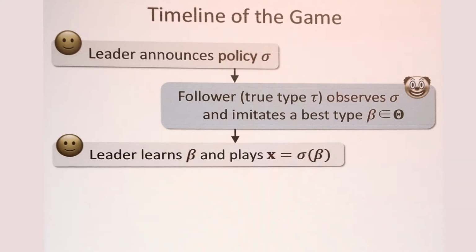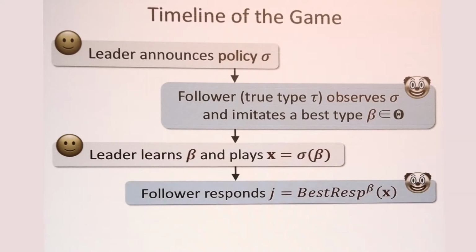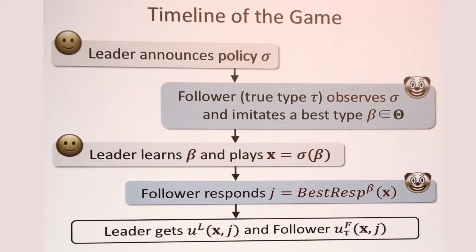Next, the leader is going to learn the type the follower imitates and then commit to the corresponding strategy as specified by his policy. Next, the follower best responds to the leader's commitment as if he is the type he imitates. Eventually, the leader's commitment and the follower's best response combined will determine the players' utilities in this game.